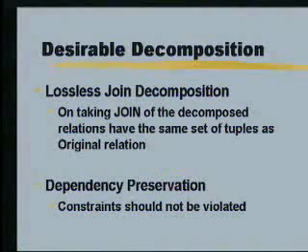But prior to it, if I want to decompose, what are the characteristics of decomposition, or what should be the basic facts which I should encounter in the decomposed relations? Well, the desirable properties of decomposition are, first, lossless join decomposition. That is, on taking the join of the decomposed relations, we should have the same set of tuples as we originally started with. It is basically saying that if I combine, now how do I combine? Using the join operation.